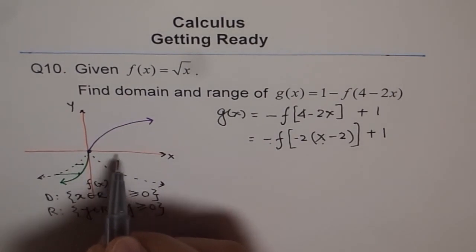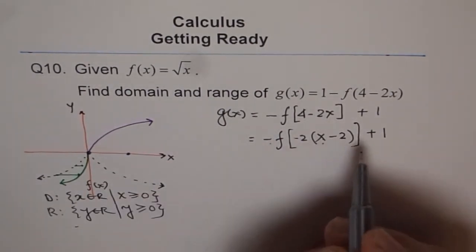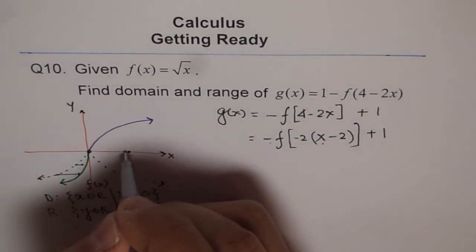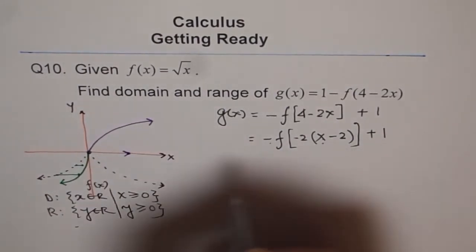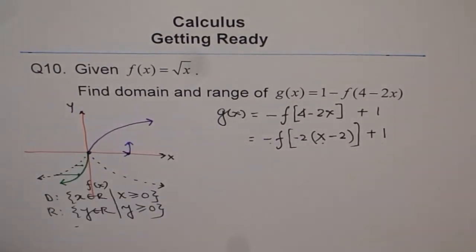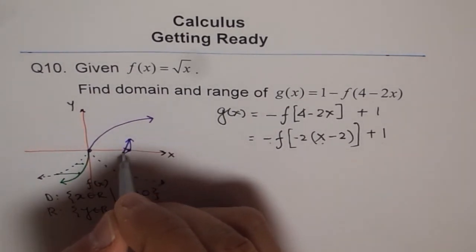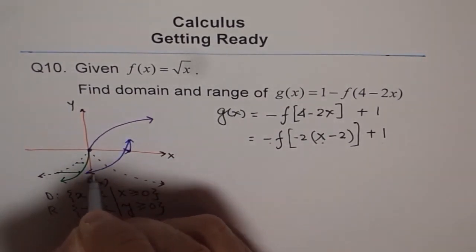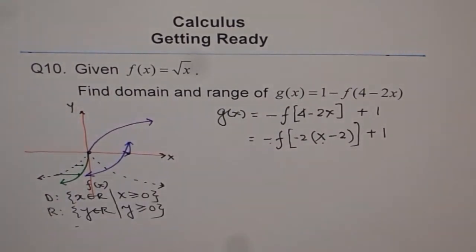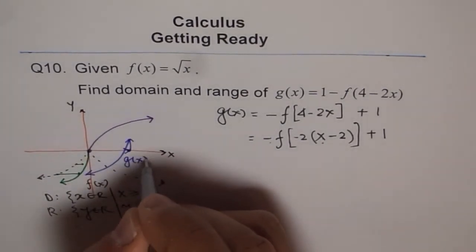Let's say we have 1 and 1. 2 units right and 1 unit up. First it goes 2 units right, and second it goes 1 unit up. So this curve, the green line, shifts here, and what we get is this. That is our transformed final function, and let me call this g of x, correct?